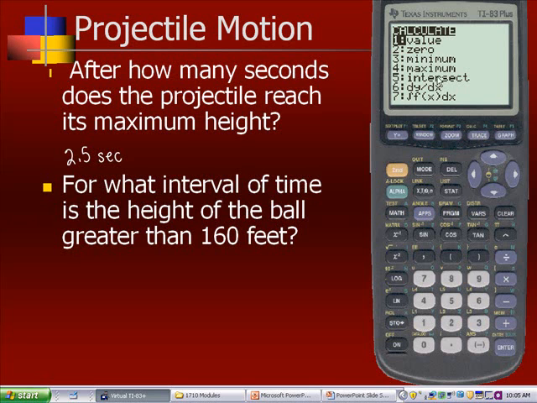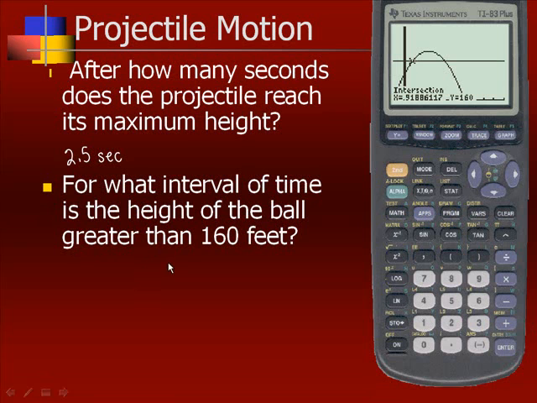Second, calculate the intersect, which is number 5. Enter for the first curve, enter for the second curve. Now remember, we want to move our cursor back over to the one that we're looking for, and that would be 0.98. So what we've got is x equals 0.92 seconds and x equals 4.1 seconds. So that's when the ball would be greater than 160 feet.